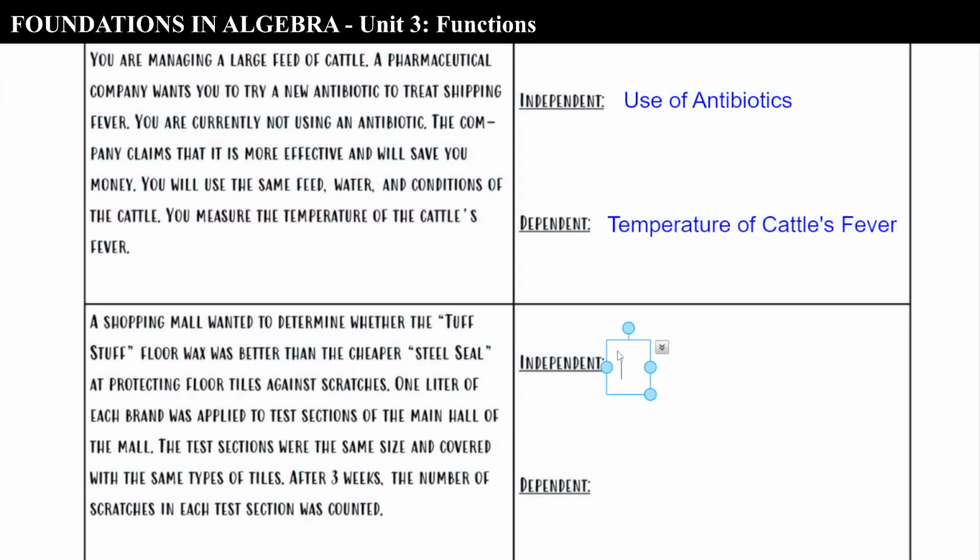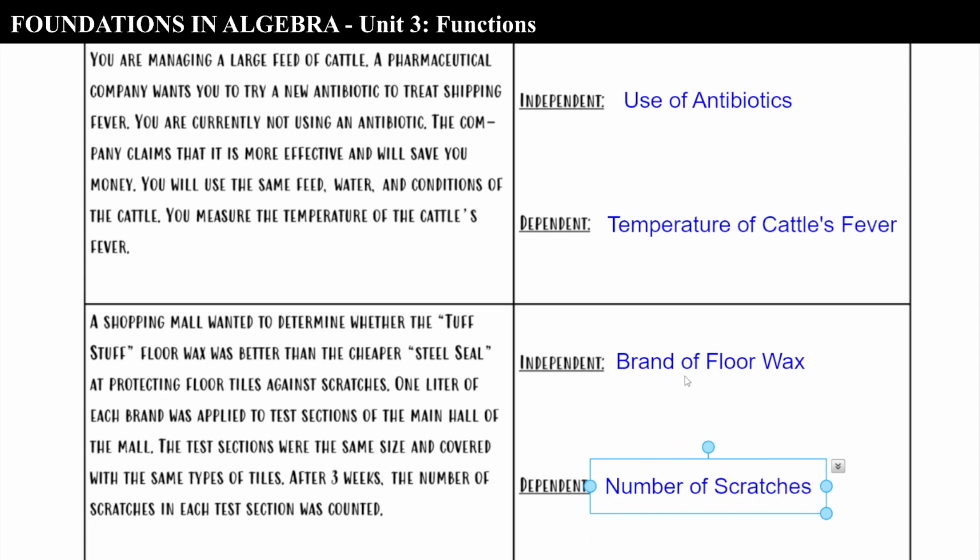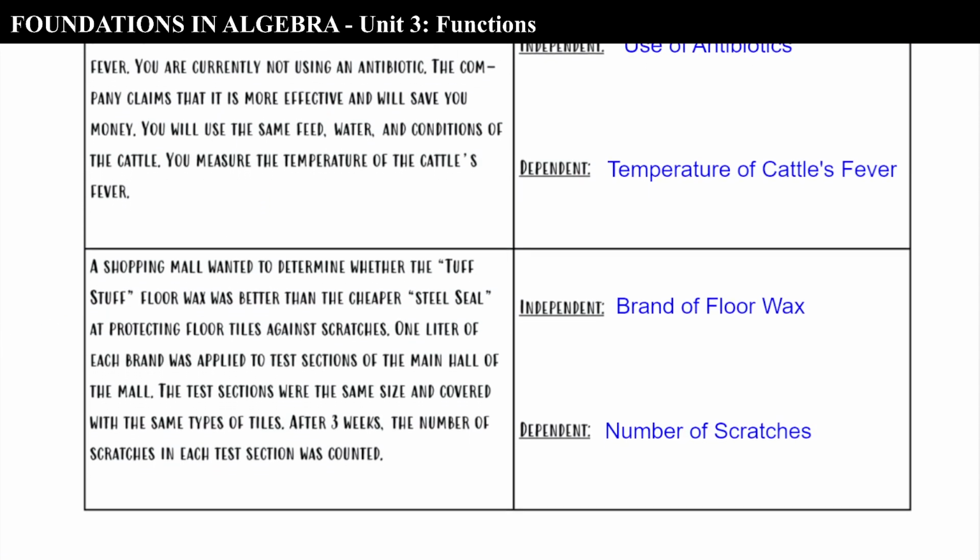So here, what we're changing up is the type of floor wax, so the brand of floor wax. And what we're looking to see in response is the number of scratches. And so this is the type of information that we're putting on our X and our Y axes. Okay?